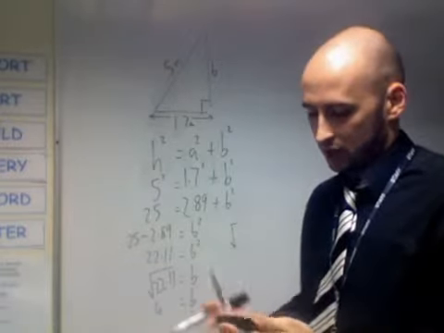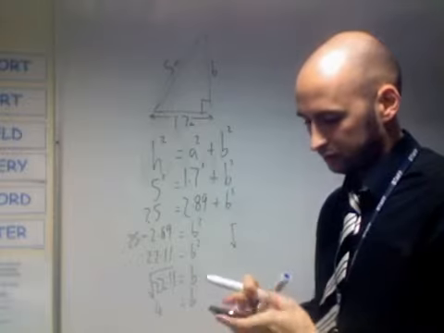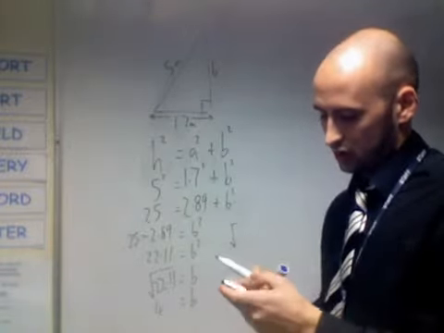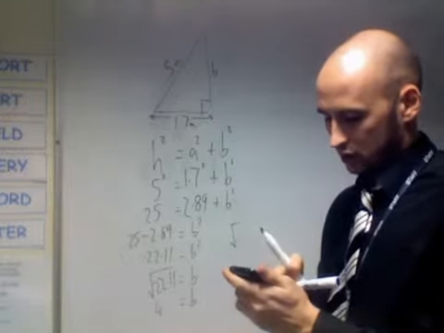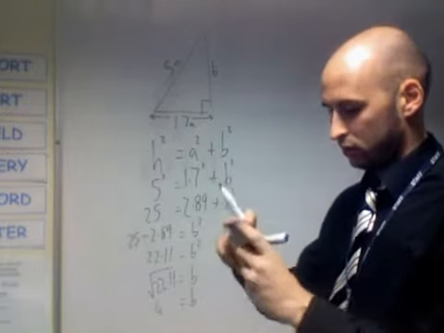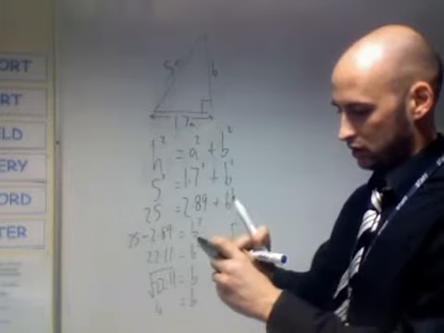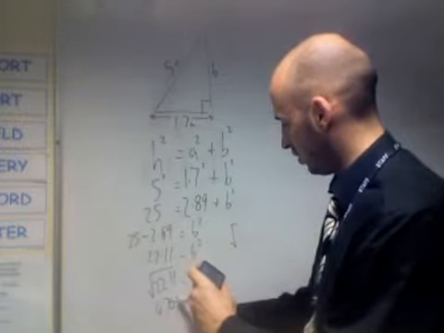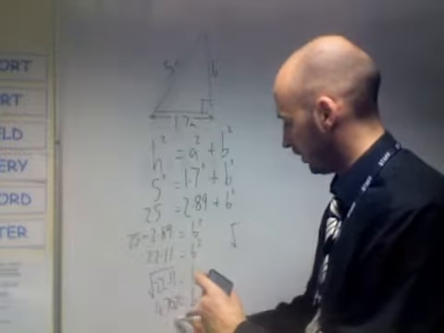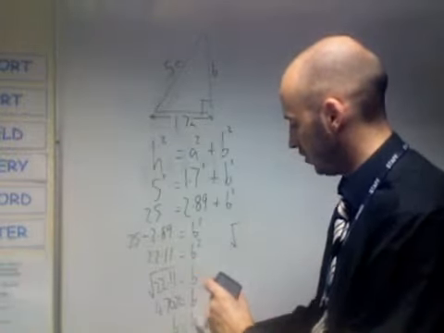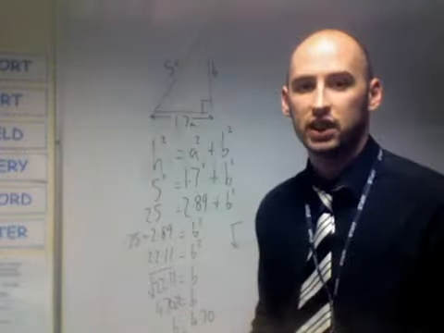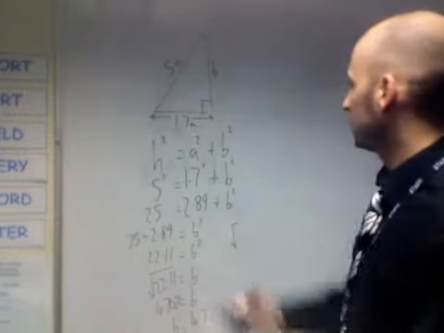Let me just check on my calculator. 22.11, square root: 4.7021. Taking that to 2 decimal places, b equals 4.70.